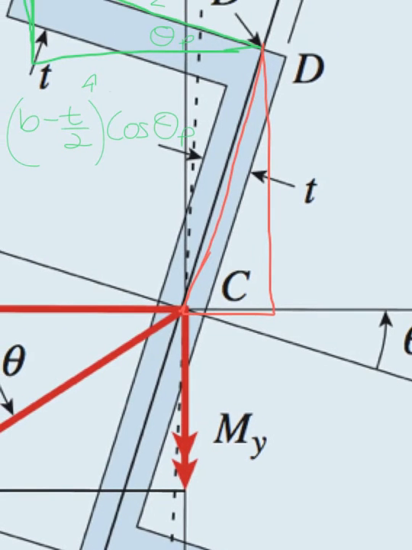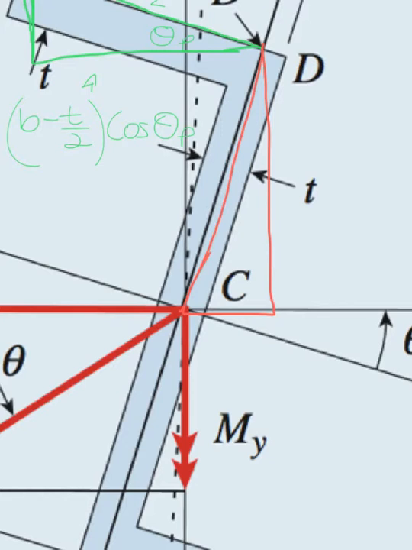That distance there is that distance there. We know how much this line is, h over 2, and we know the angle there. We can easily calculate this one.